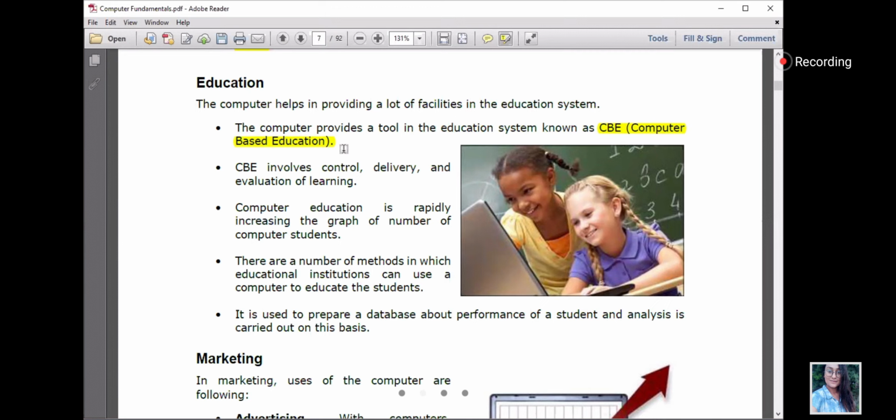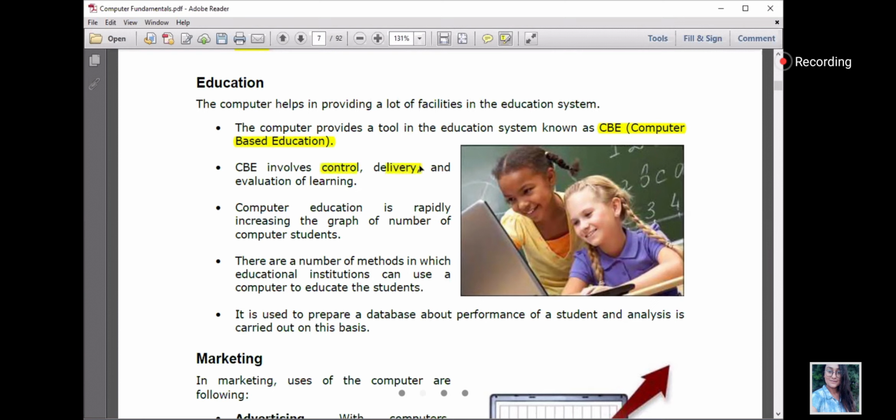In computer based education, we try to include the education system entirely through a computer. I'm giving you presentations, taking a class with a virtual whiteboard, and there will also be an online exam system developed for exams.